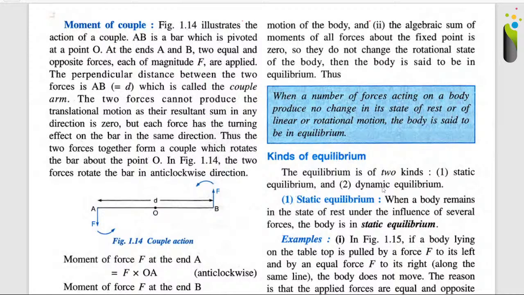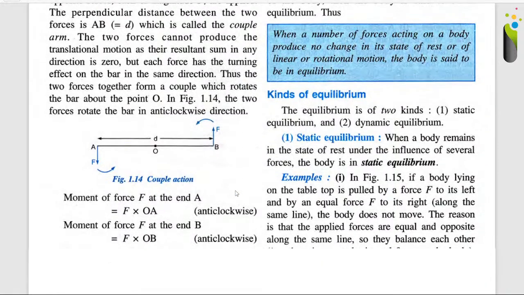The two forces cannot produce a translational motion as their resultant sum in any direction is zero, but each force has a turning effect on the bar in the same direction. Thus, the two forces together form a couple which rotates the bar about the point O. In figure 1.14, the two forces rotate the bar in anti-clockwise direction.